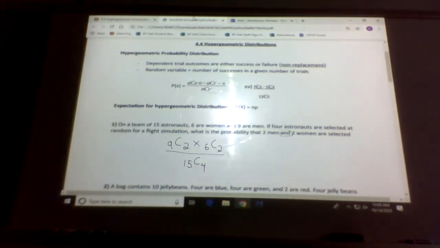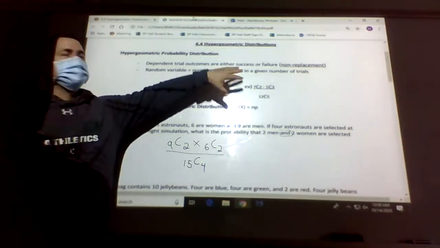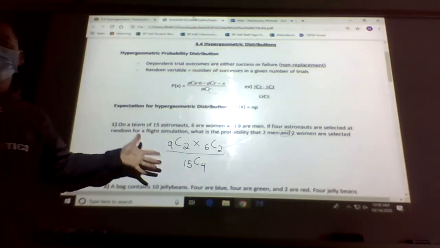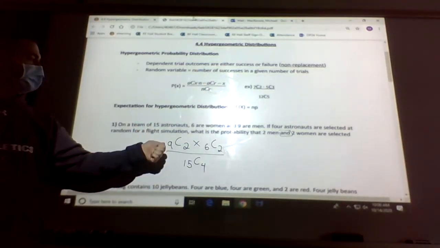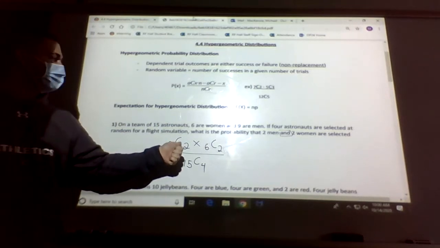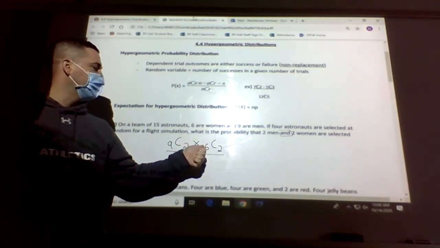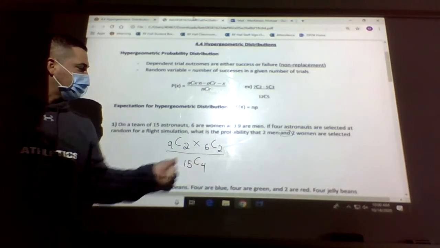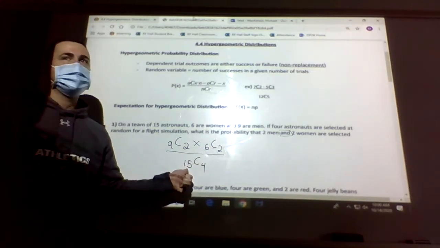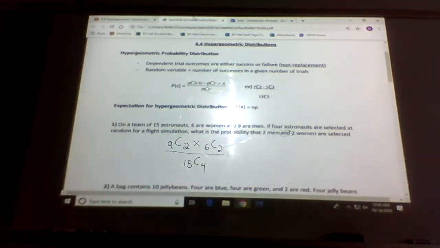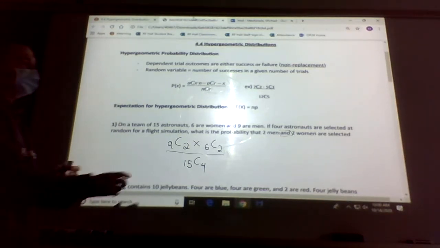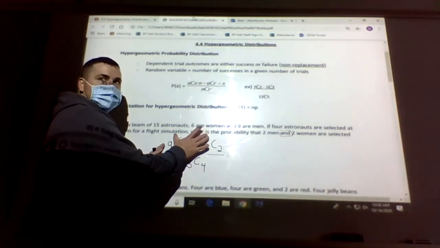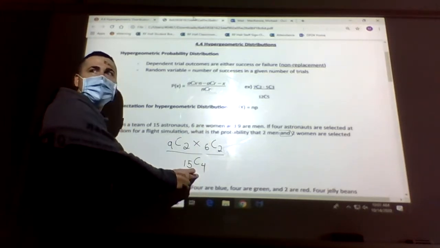I don't really explain the formula that much because it looks all confusing. I'd rather just do it in examples and it'll make sense. So males, or men, 9 choose 2. Females, or women, 6 choose 2. And then this is the total number of ways, so 15 people choose 4. One thing you could check is that these top ones have to add up to the bottom one.